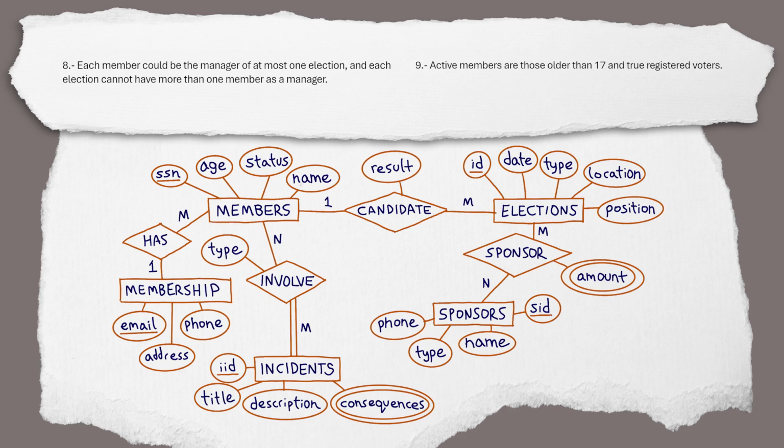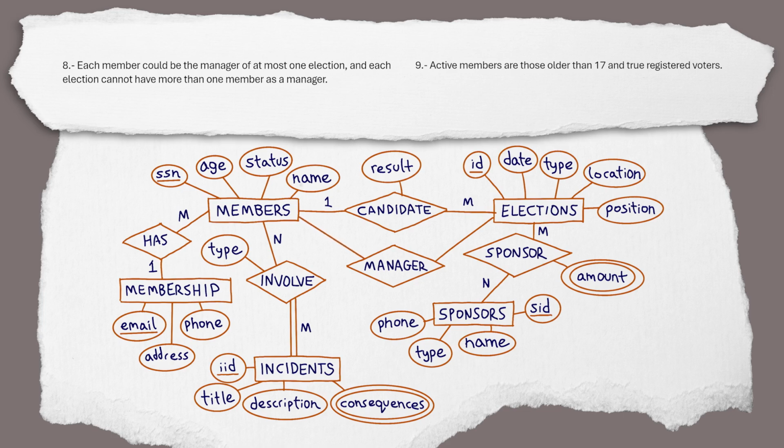That doesn't mean that will be the only possible way that a member can participate in an election. Another way of participating is being the manager. So I'm going to add an additional diamond, manager, and then draw a line from manager to election and members.